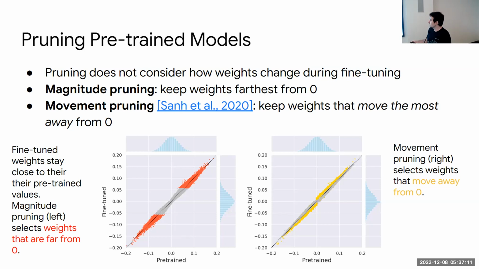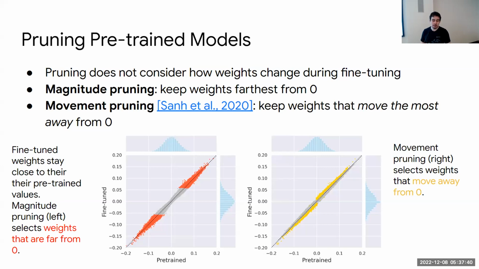In contrast, with movement pruning, we only prune the parameters that started out further away from zero and then moved closer to zero, closer to the middle of the plot during fine-tuning, which allows us to be more selective and more task-specific in how we select the parameters.